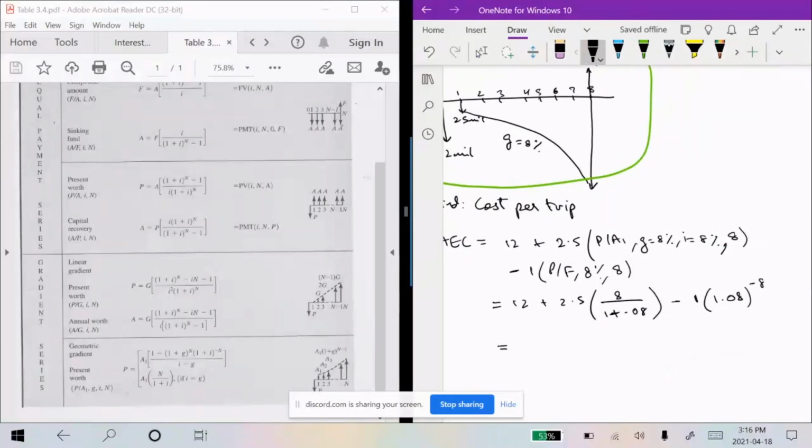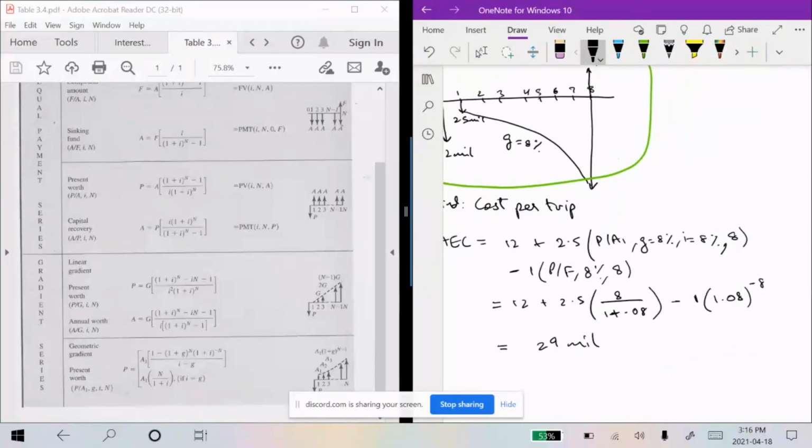Minus 8. Let me, one second. I think this is 29 million.